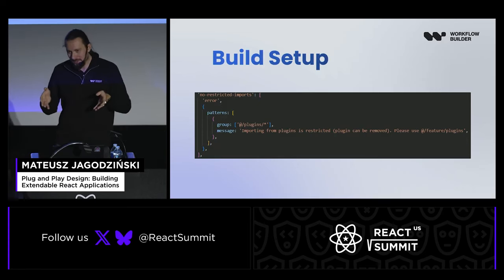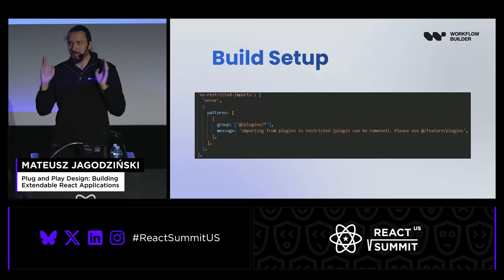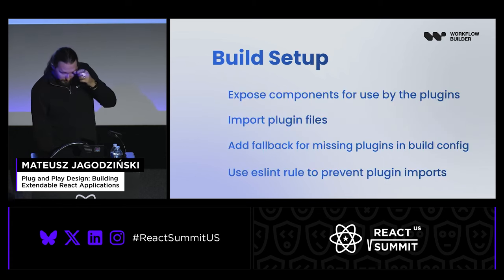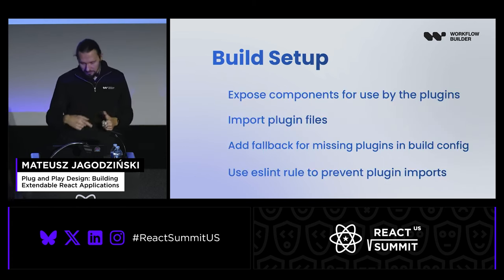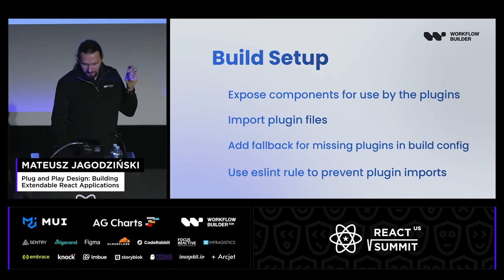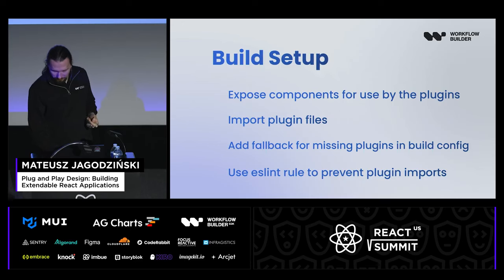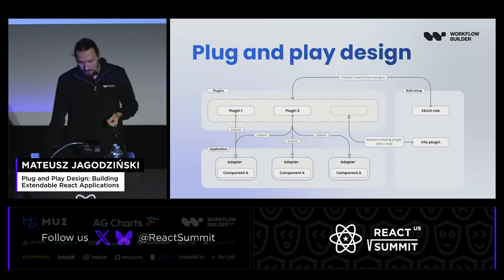And this forces the programmers to keep the plugin code within the plugins folder. So to sum this up, expose the components for use by the plugins, import plugin files, we have this fallback if we delete something, and use ESLint to enforce this on the developers.